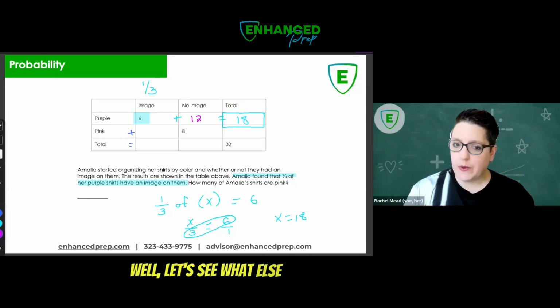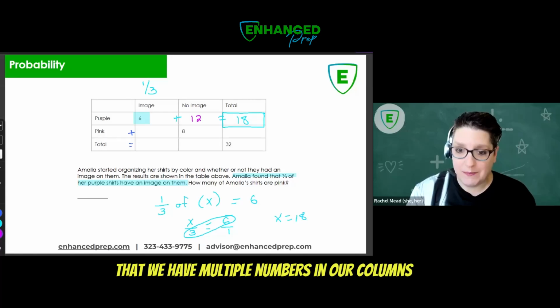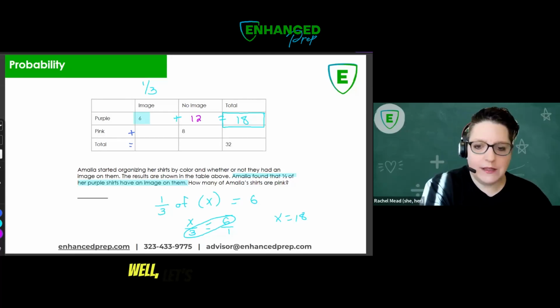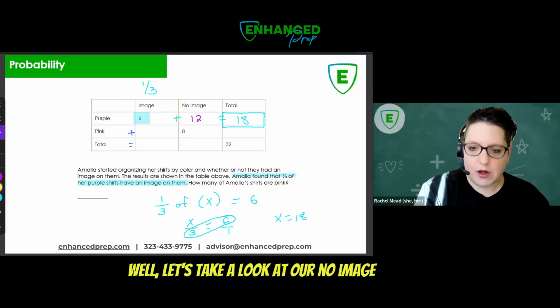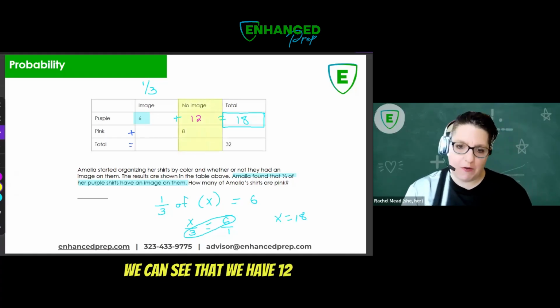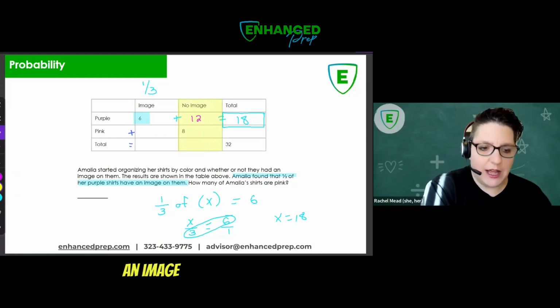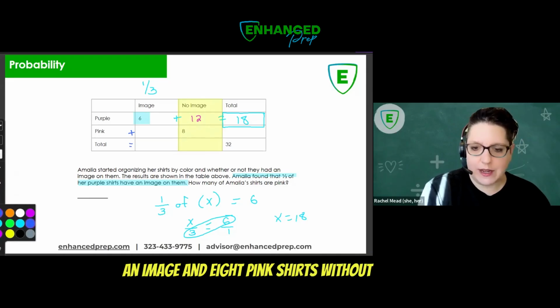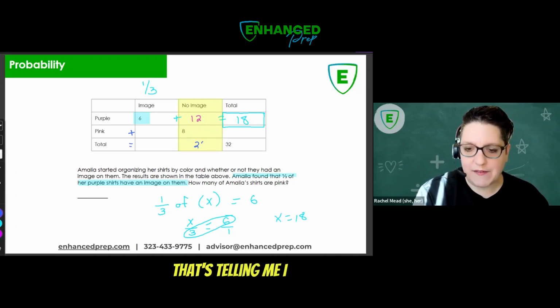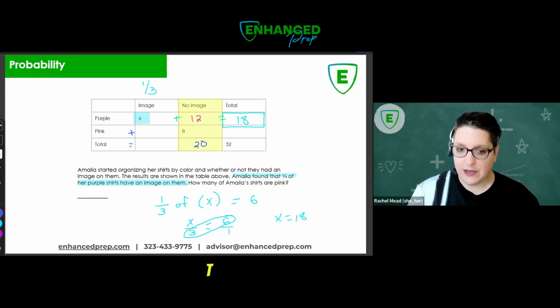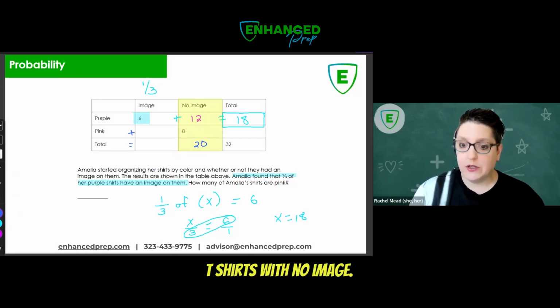Let's see what else we can figure out now that we have multiple numbers in our columns to help us. Let's take a look at our no image column. We can see that we have 12 purple shirts without an image and 8 pink shirts without an image. That's telling me I have a total of 20 shirts with no image.